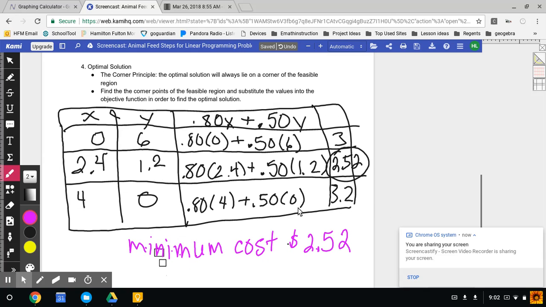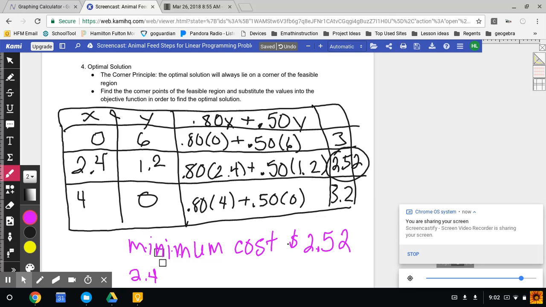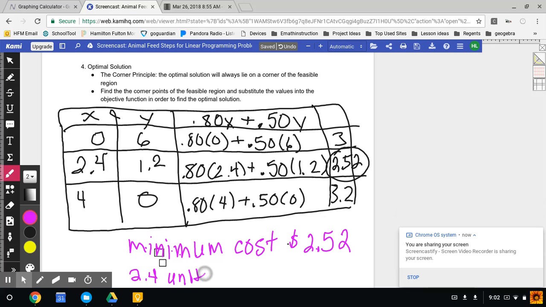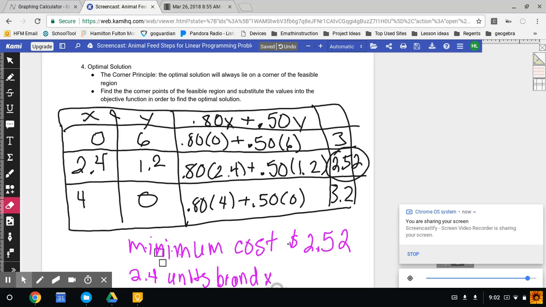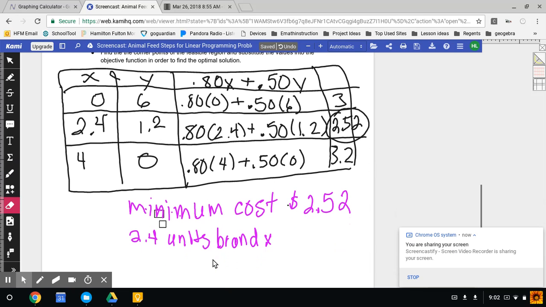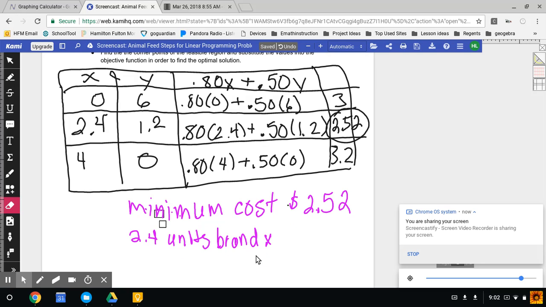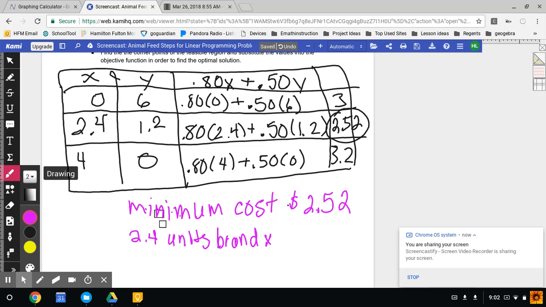So when I want to know how many units I'm going to give them, I'm going to do 2.4 units of brand X and 1.2 units of brand Y, which is my goal for the project, was to find out how many units of each brand I could feed them with by satisfying my protein requirements and my fat.